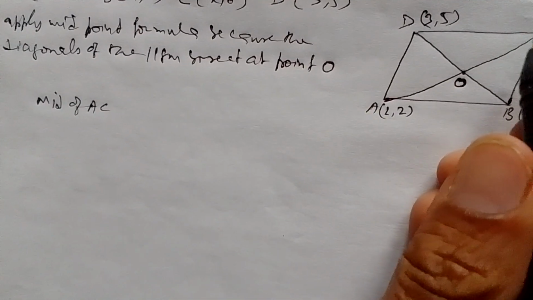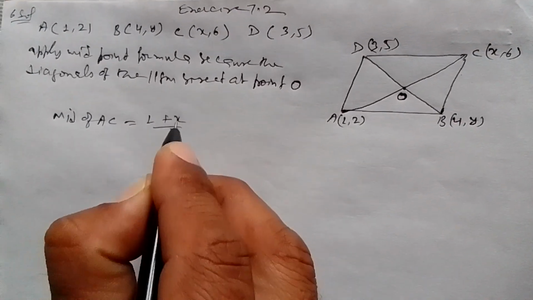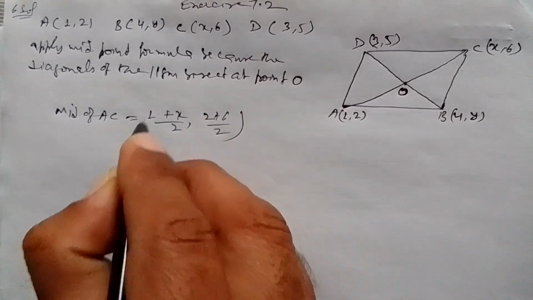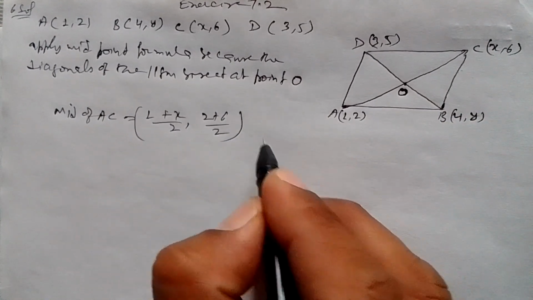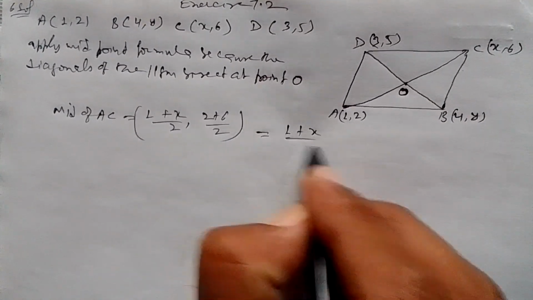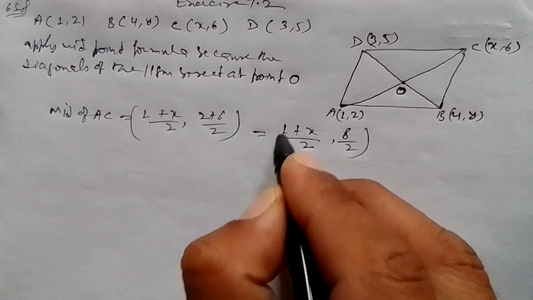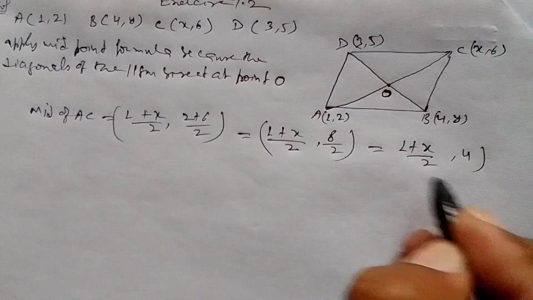Point A to C, that is (1 plus x) divided by 2 comma (2 plus 6) divided by 2. 1 plus x, and 2 plus 6 is the y coordinate, so it comes out to be (1 plus x) divided by 2 comma 8 divided by 2, that is (1 plus x) divided by 2 comma 4.